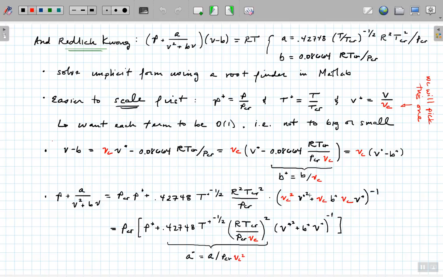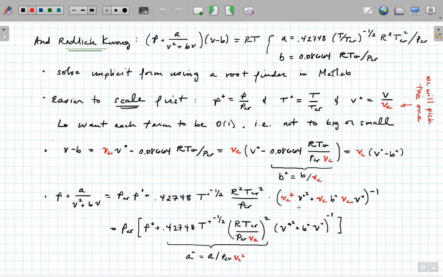And then we multiply this by V squared, which now becomes VC squared times V star squared, plus b, which is just VC times B star, times V, which is VC times V star. And all that to the minus 1 power.